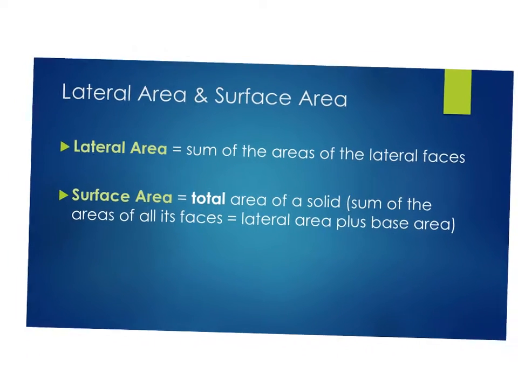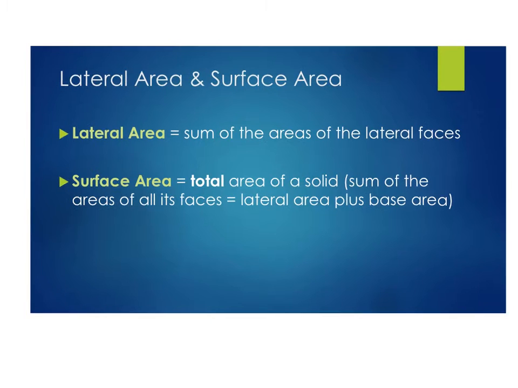So first thing we're going to talk about is lateral area and surface area. The lateral area is the sum of the areas of the lateral faces. So basically all the faces on the sides of either your pyramids or your prisms.